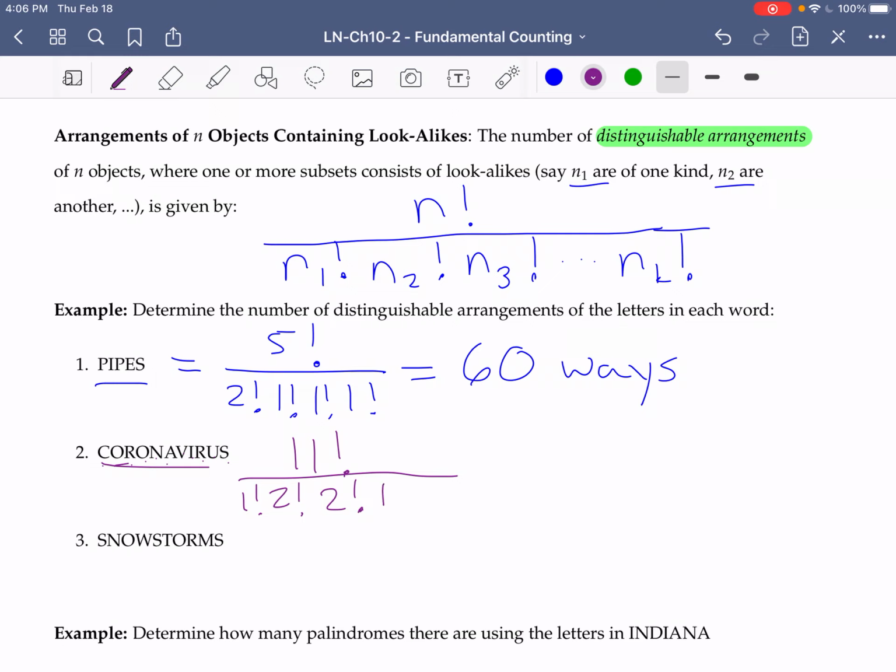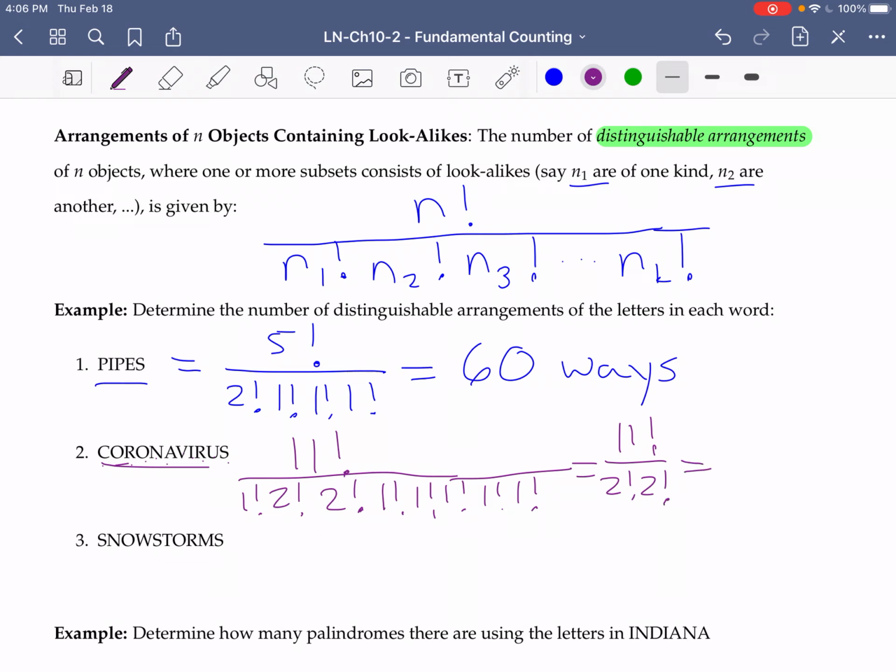We have 1 N, 1 A, 1 V, 1 U, and 1 S. So we have 11 factorial over 2 factorial times 2 factorial.